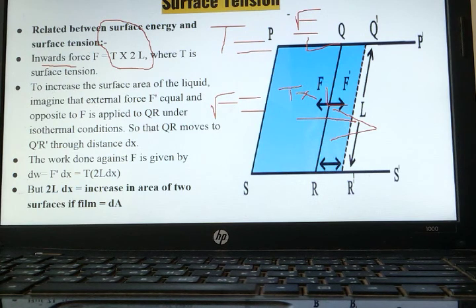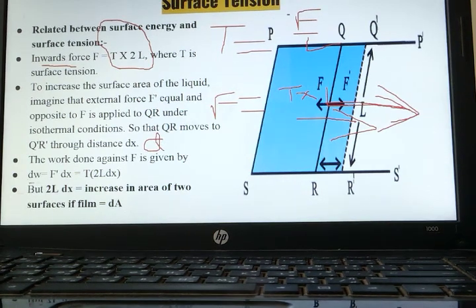In order to increase the surface area, we pull it outward. As we are moving it in an outward direction, we are doing some sort of work.